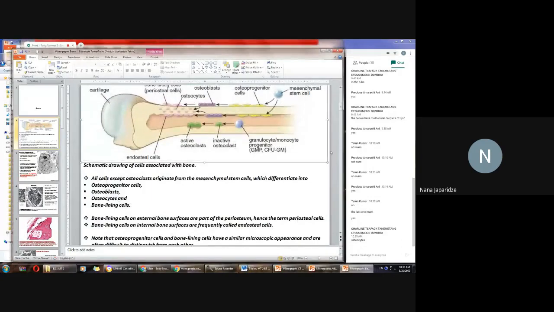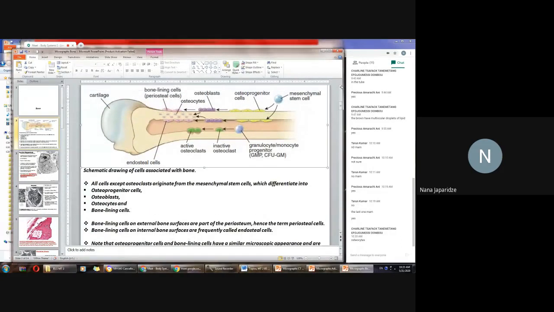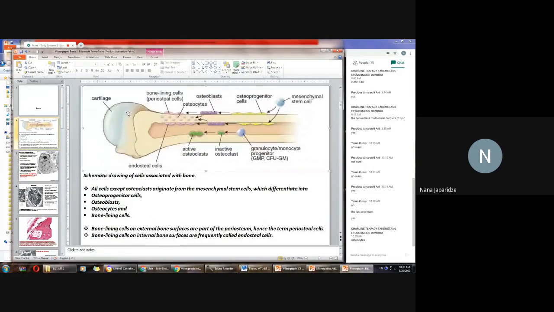And what we can identify, look, are different types of cells of bone tissue. So all these are different pathways of cell differentiation.